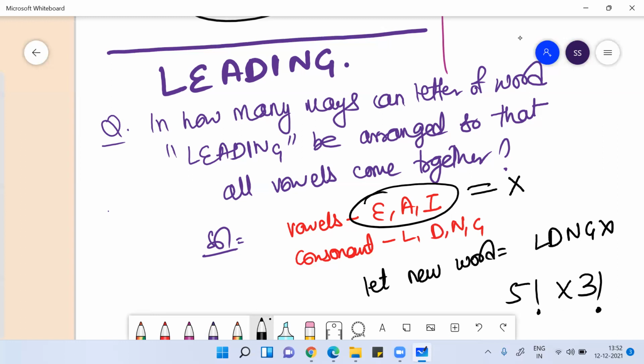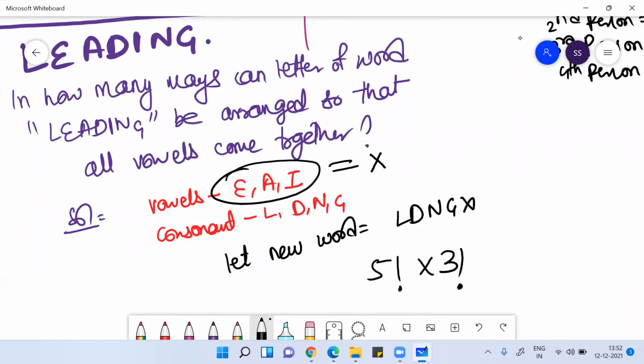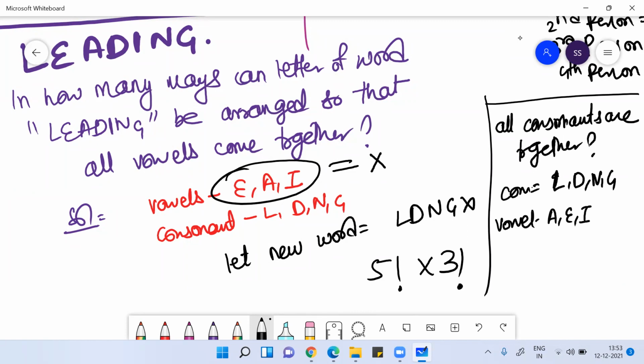If I ask you in how many ways can you arrange the letters of the word LEADING such that all consonants come together? You have consonants L, D, N, G, and vowels E, A, I. So all consonants together make the letter Y, suppose.